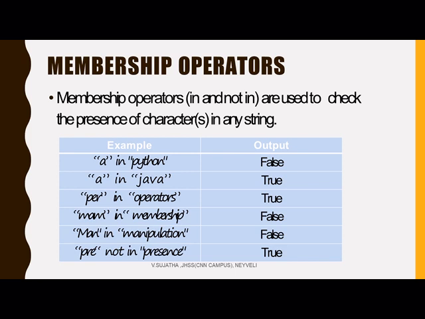They are telling not in presence, so it will give the answer as false only. See, pre in presence means true. Pre not in presence means it will give the answer as false only. Clear? These are all the in and not in, or membership, operators.